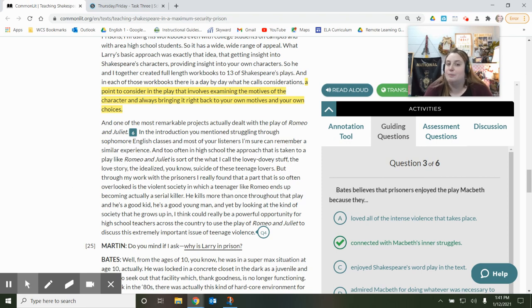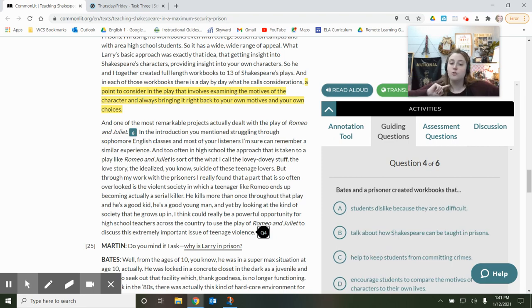So we talk a lot about instability, I guess, emotional instability. So she says he kills more than once throughout the play, and he's a good kid. He's a good young man, and yet, by looking at the kind of society that he grows up in, I think it could really be a powerful opportunity for high school teachers across the country to use a play like Romeo and Juliet to discuss the extremely important issue of teenage violence, which we will for sure.